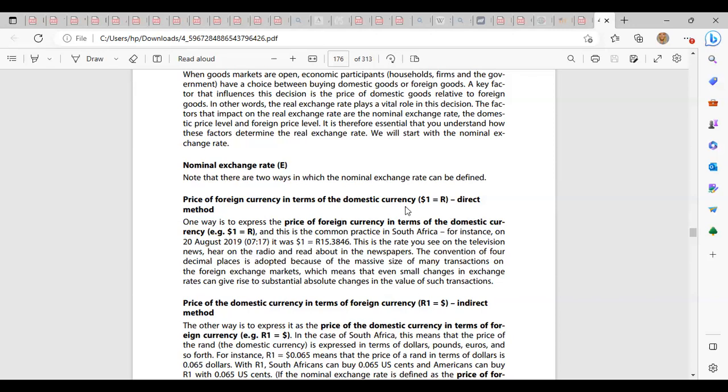This method here is the one that is more common, where at the moment we are close to 18.5. $1 is 18.5 rands. I'm just going to recheck why all along I thought this was the indirect method.